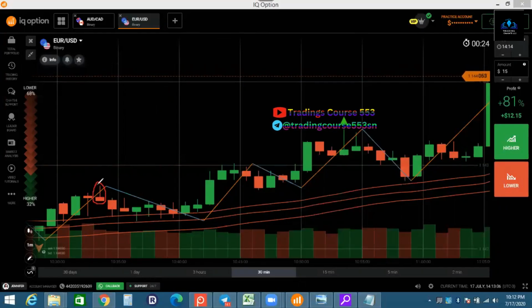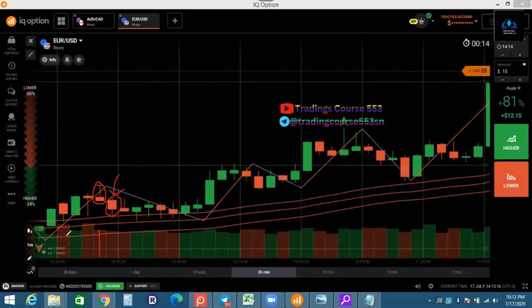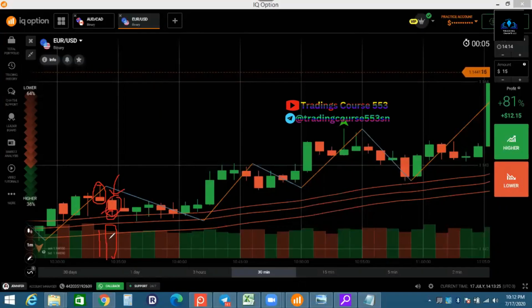Buyers entered in this candle, but the volume is decreasing. What does it show? Go with the sellers. If the volume were increasing, it would mean buyers entered from here. But buyers did not enter because volume is decreasing. That's why the trend continues here.